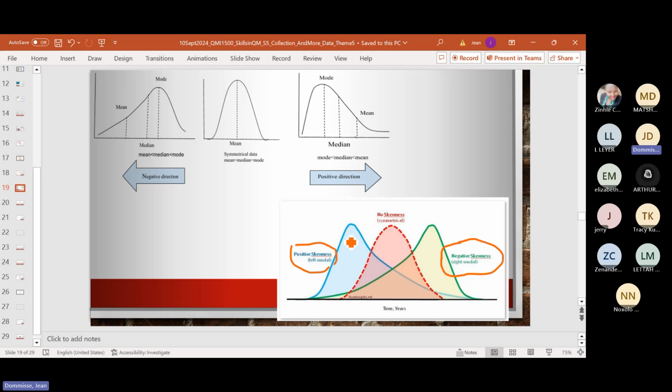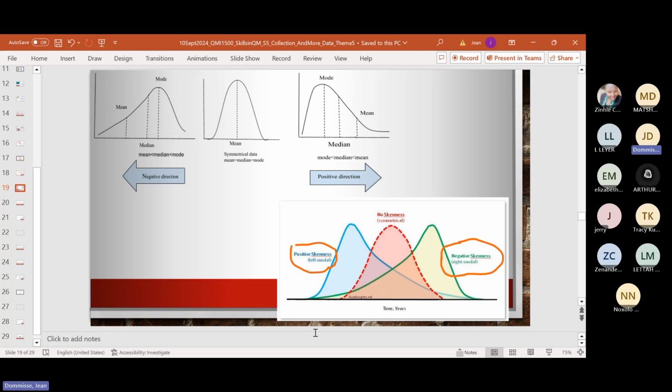I find it easier, and you probably would as well, when it's called left and right skew, because you can quickly see when something is left skewed or right skewed. It's not so easy to remember when something is positive or negative skewed.